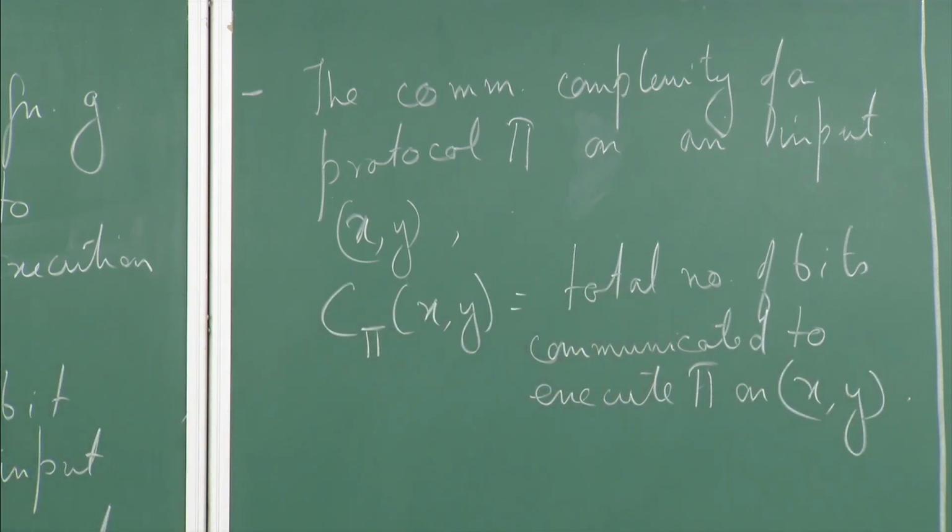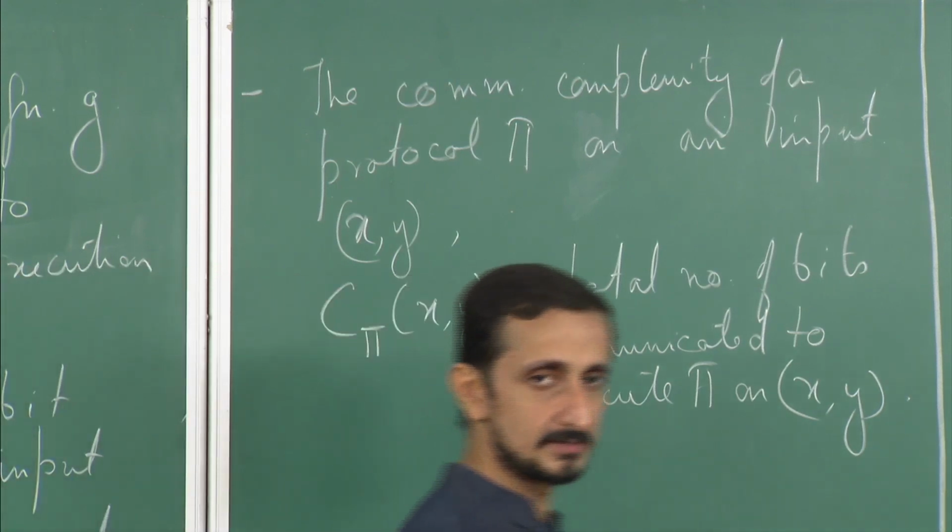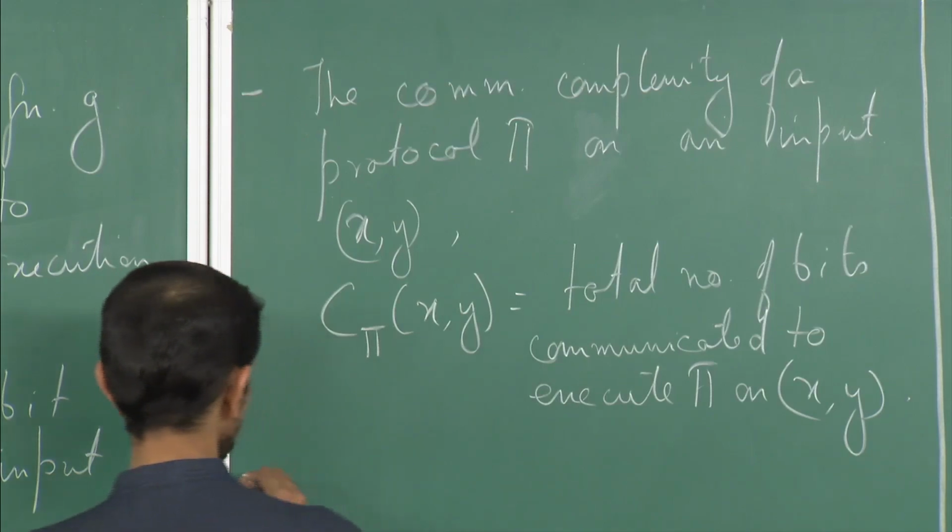So for a given input, if Alice has x and Bob has y, the total number of bits communicated to generate the output is C_pi(x, y).